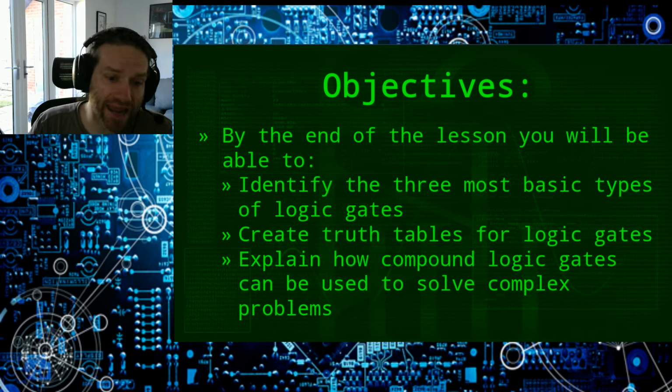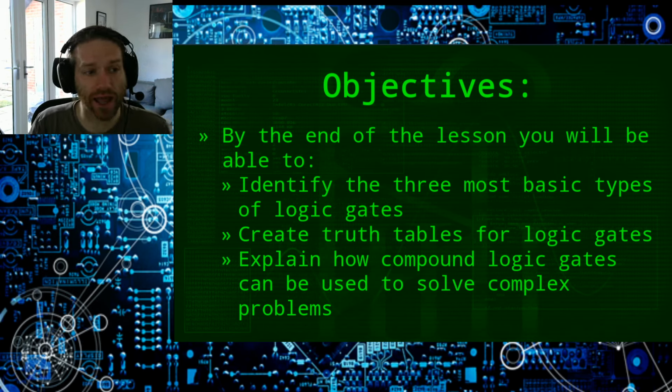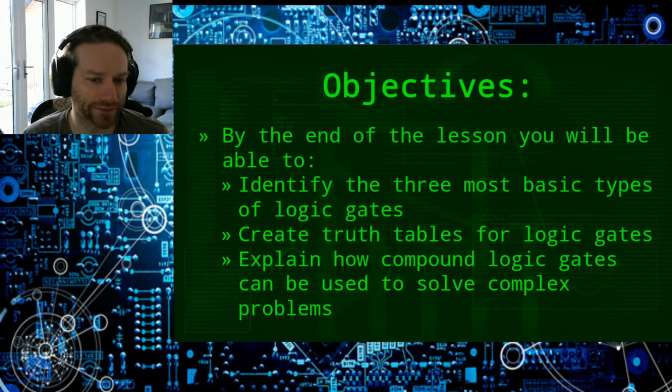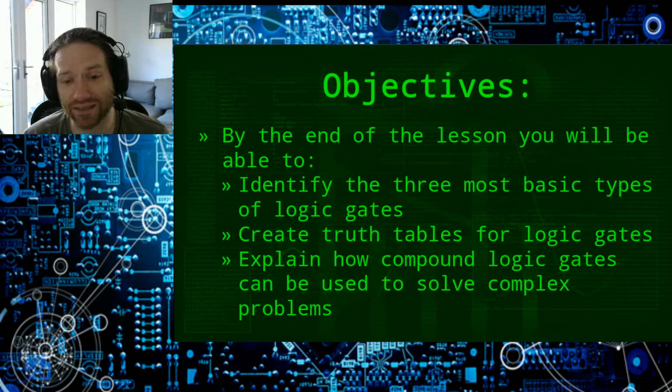Now, towards the end of this session, we're going to start looking at compound logic gates. And you know those maths problems, right? Where you're like, well, you know what? I can take x squared plus 3 minus 7y, and I can calculate all of that, no problem.